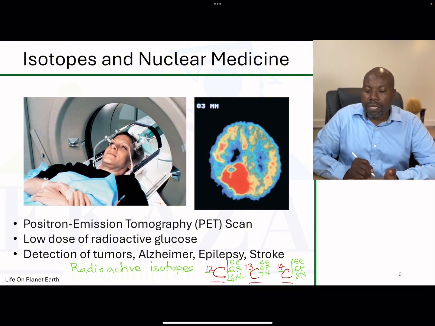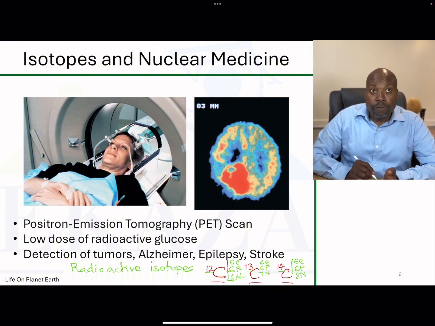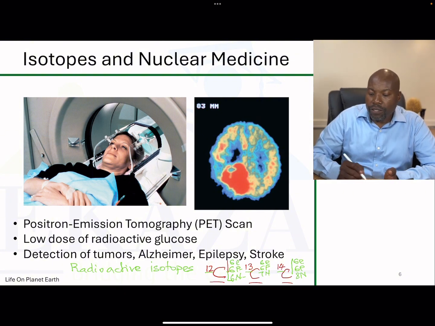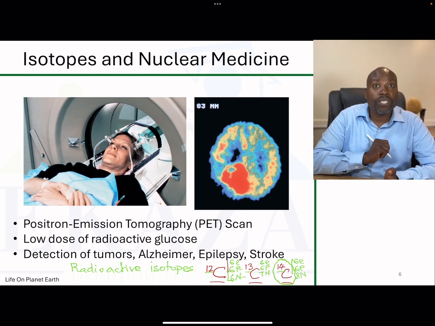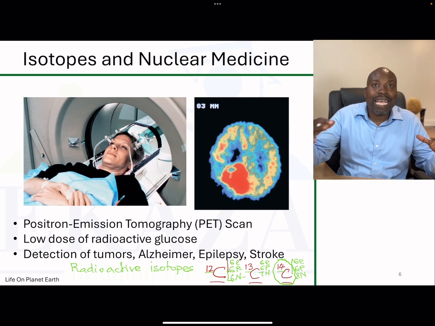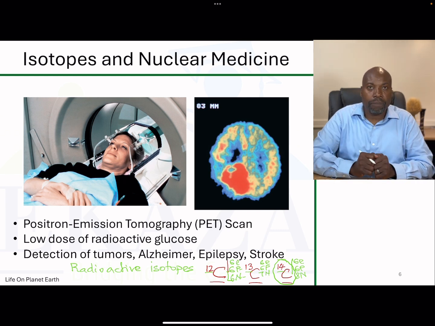Now, for these radioactive isotopes, for carbon, for instance, it's carbon-14. Carbon-14 is radioactive because it releases energy, it decays over time.